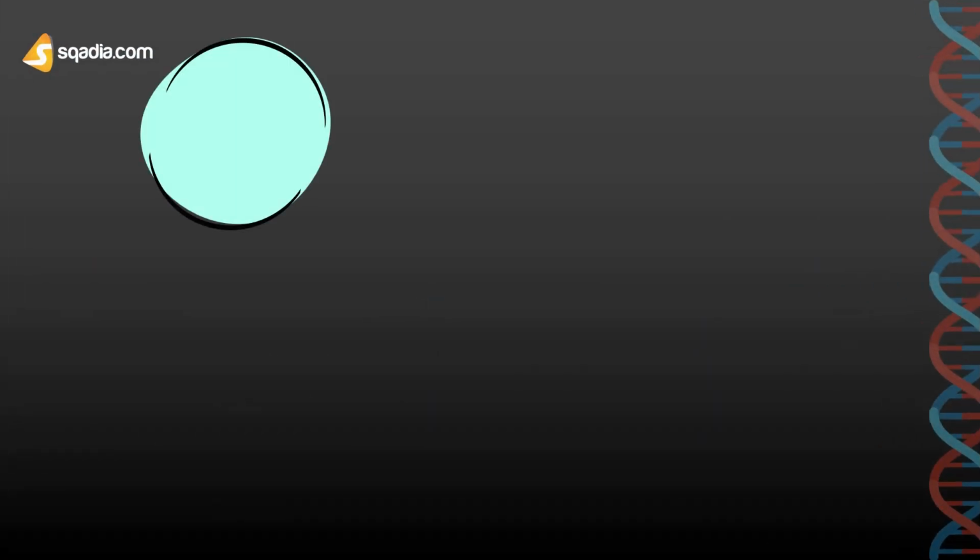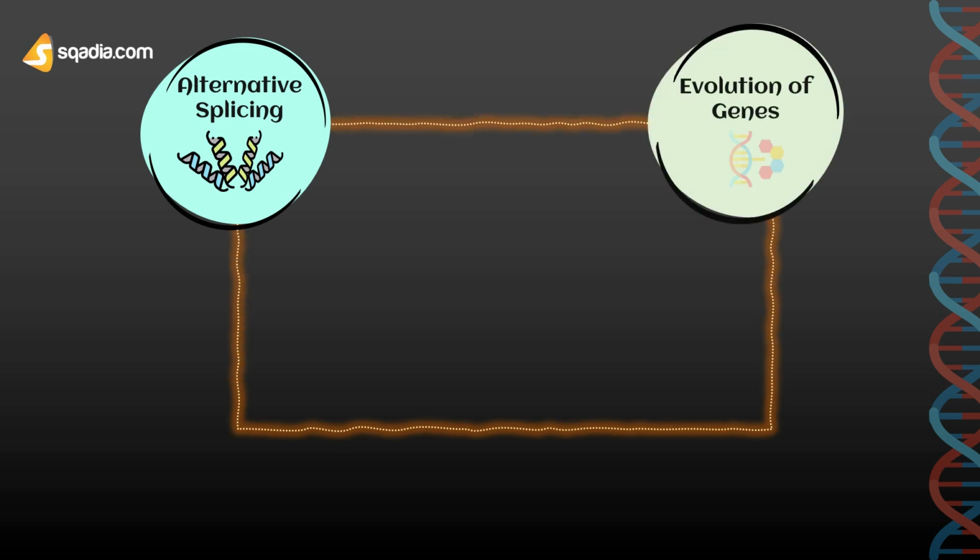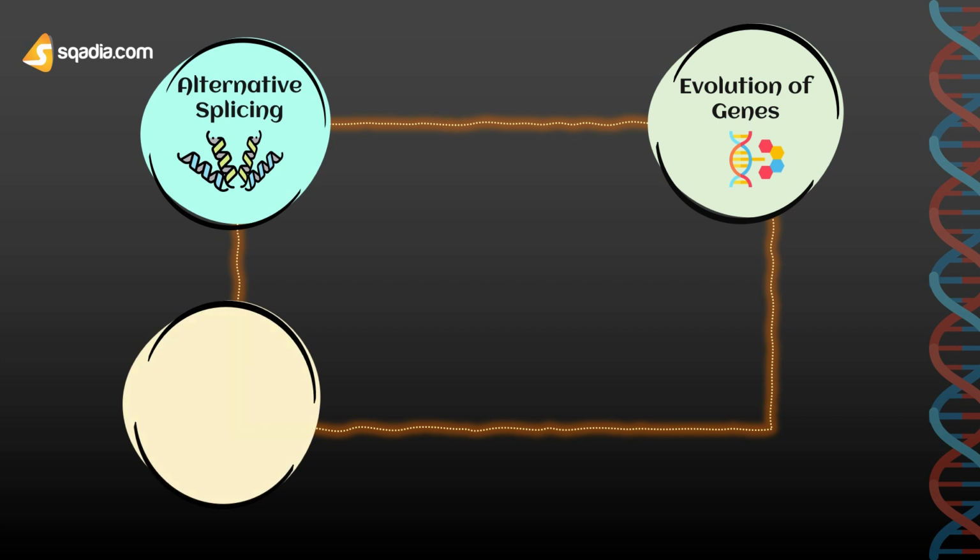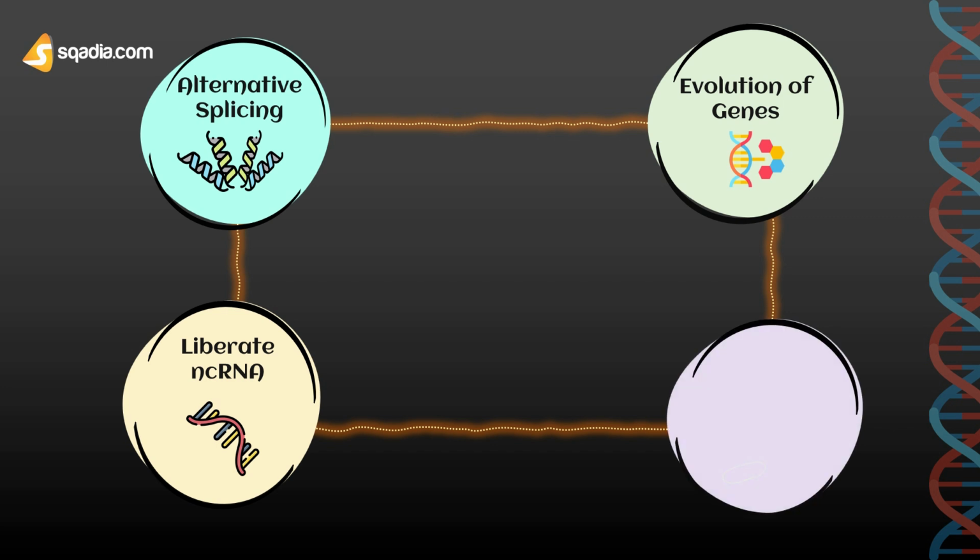Some genes can encode for more than one protein product through the alternative use of exons. This process is known as alternative splicing. Introns may also be important to the evolution of genes. Once an intron is excised from a pre-messenger RNA, it is generally degraded. However, there are many documented cases where an intron actually contains a functional non-coding RNA. In such cases, the excised intron is processed to liberate the non-coding RNA, which then functions within the cell.